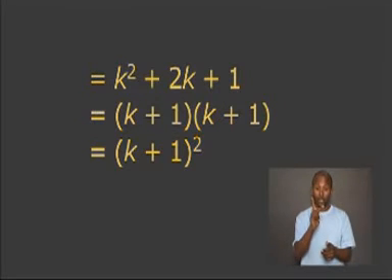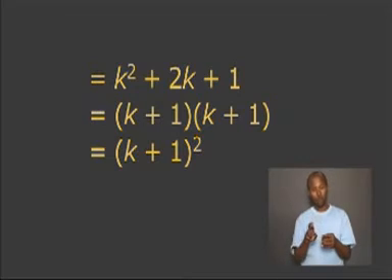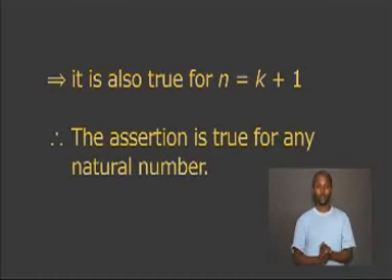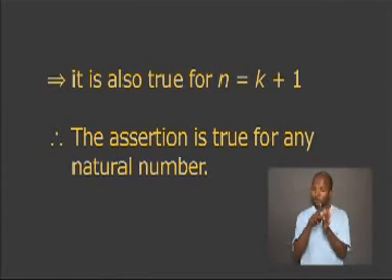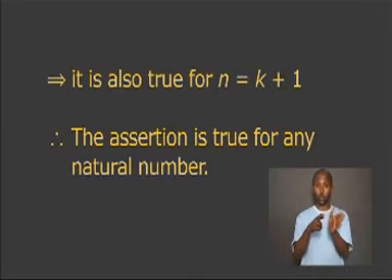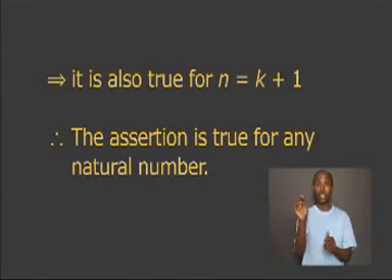K squared plus 2k plus 1 can be factorized into k plus 1 times k plus 1, or k plus 1 squared. Therefore, the rule is also true for n equals k plus 1. By the principle of mathematical induction, we have proved that the rule is true for any natural number n.